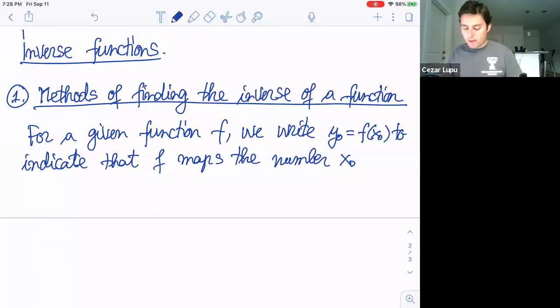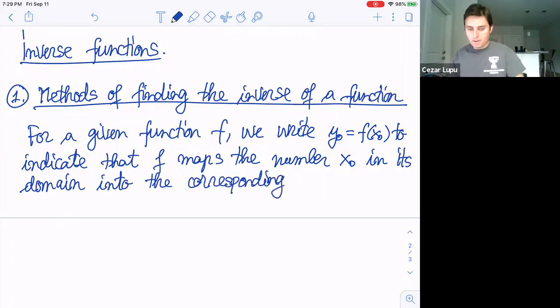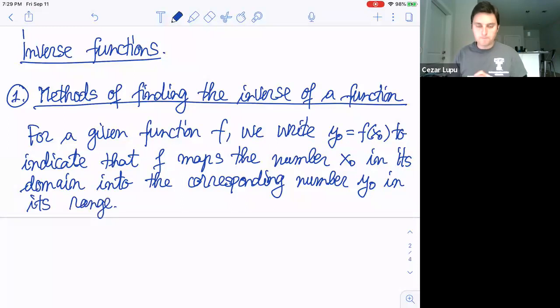So we want to map this number x naught, which is in its domain, into the corresponding number y naught, which is in its range. So that's what we're doing, right?